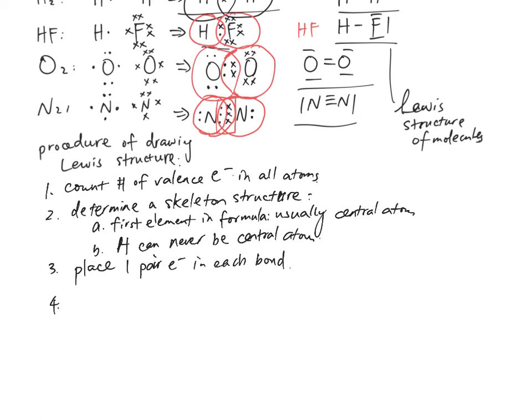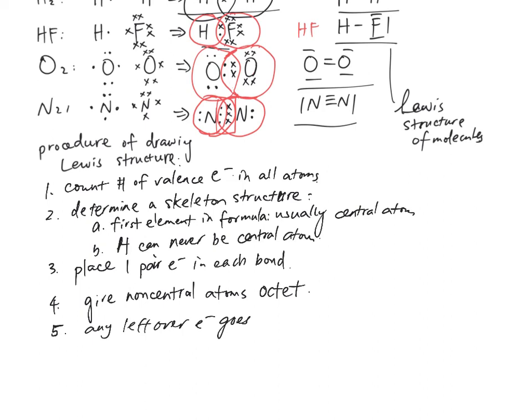What you do with those leftover electrons is give non-central atoms an octet. And step number 5, any leftover electrons go on the central atom.